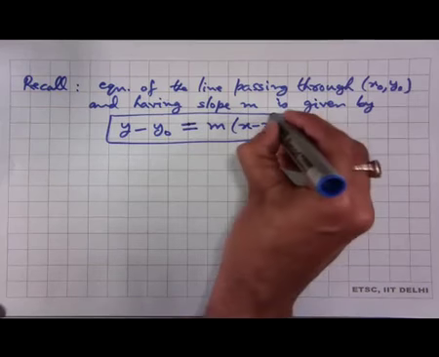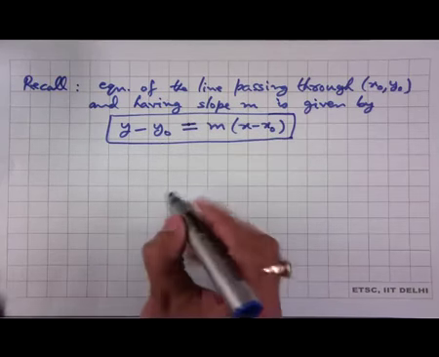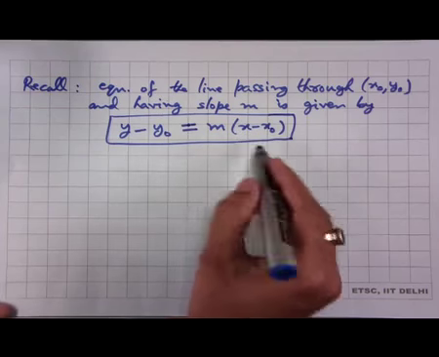This is a well known formula for the equation of a line in the point slope form.